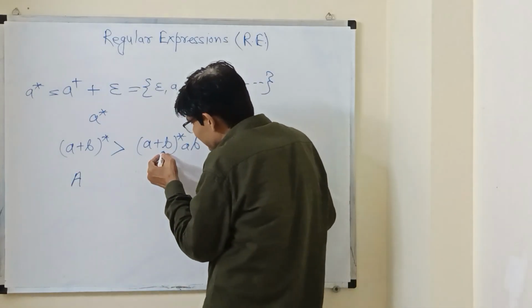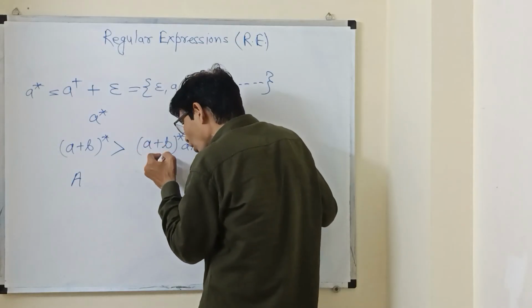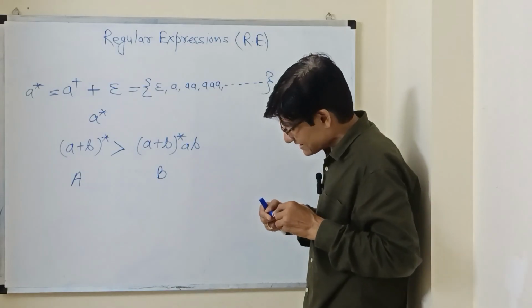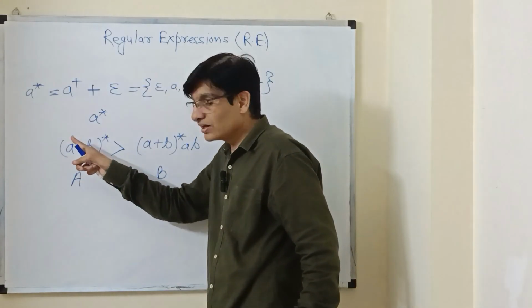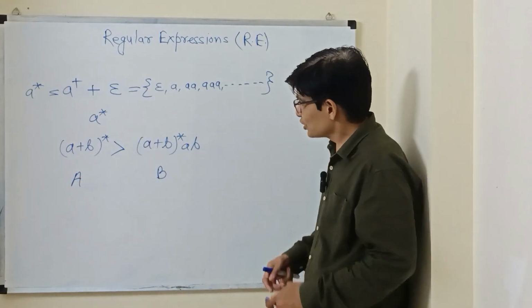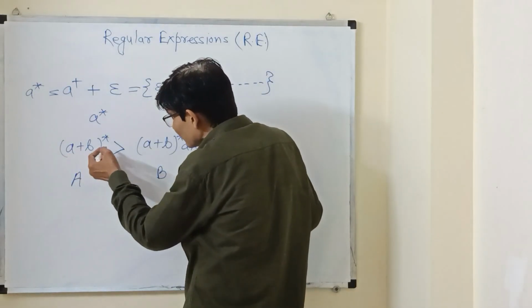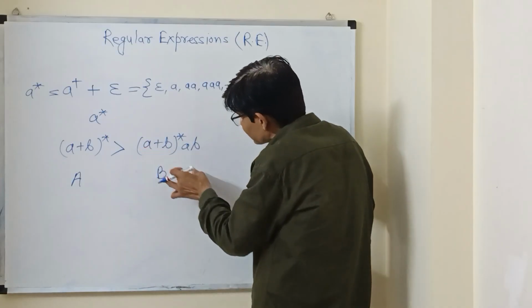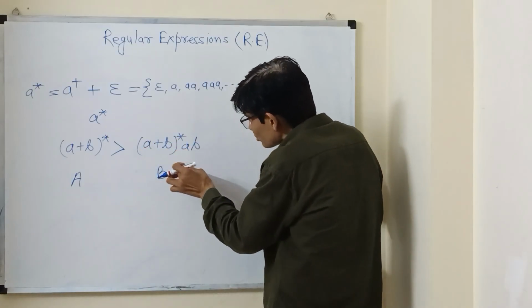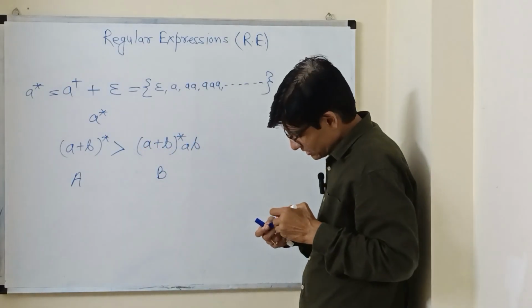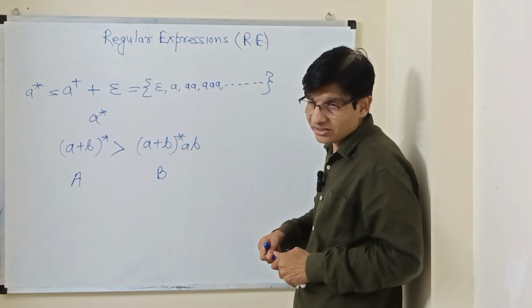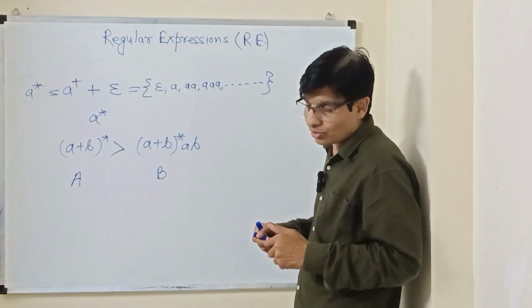The number of strings in this set would always be lesser than the number of strings in this set, because this is the universal set of A and B. So any combination we apply along with this will reduce the number of strings in the set. This is a very important observation we need to know.